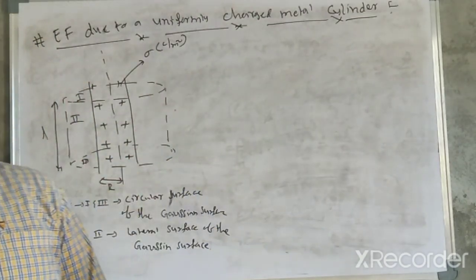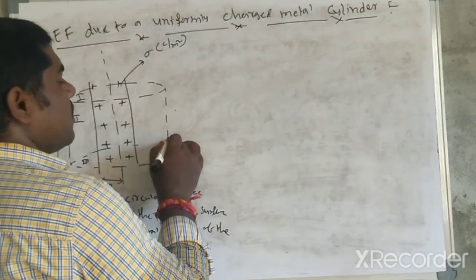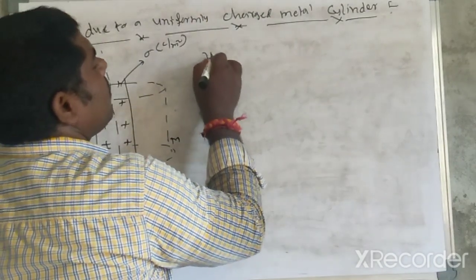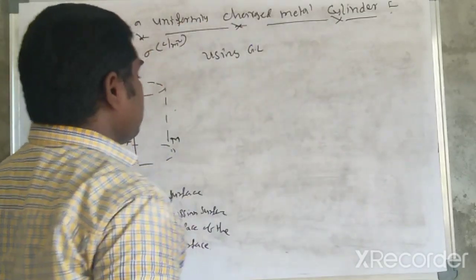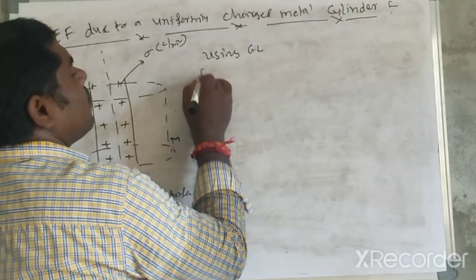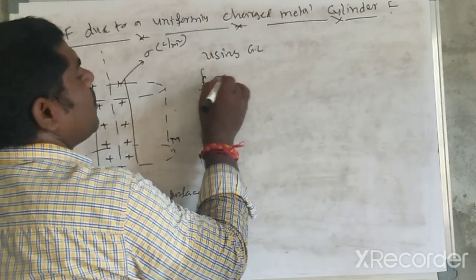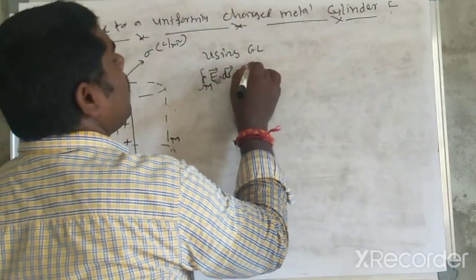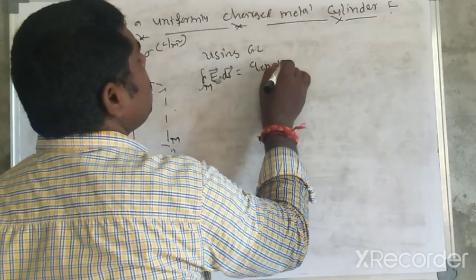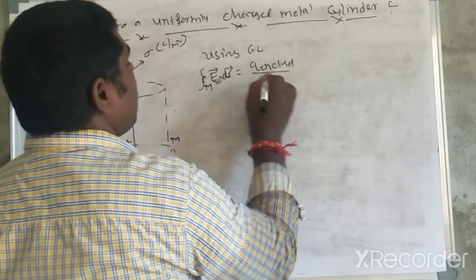By using Gauss law, the closed integral of E bar dot ds bar is equal to Q enclosed divided by epsilon naught.